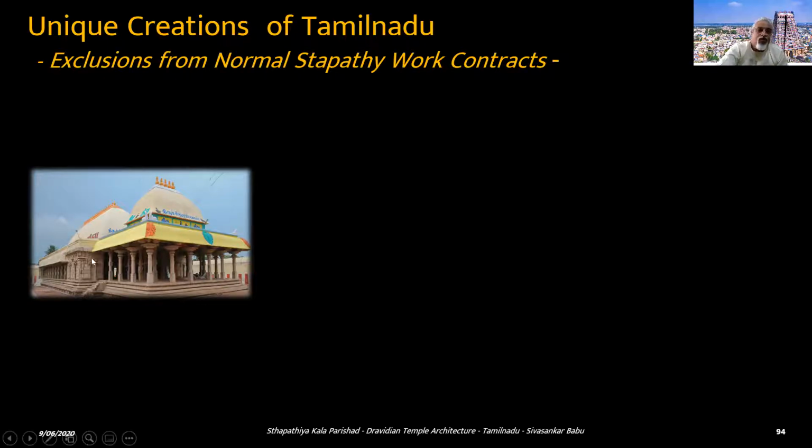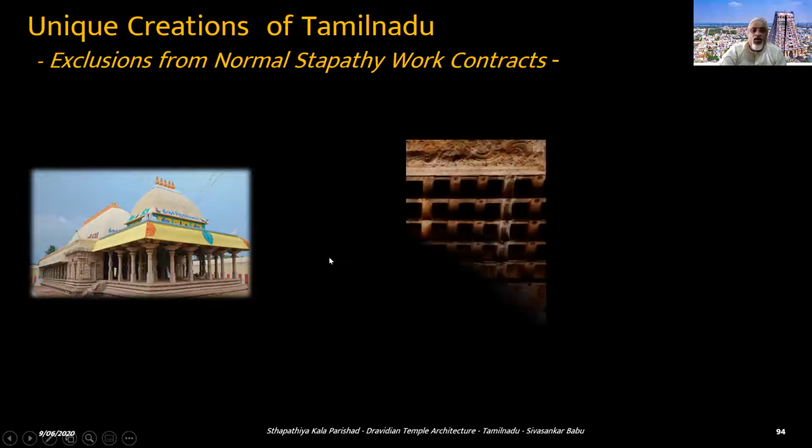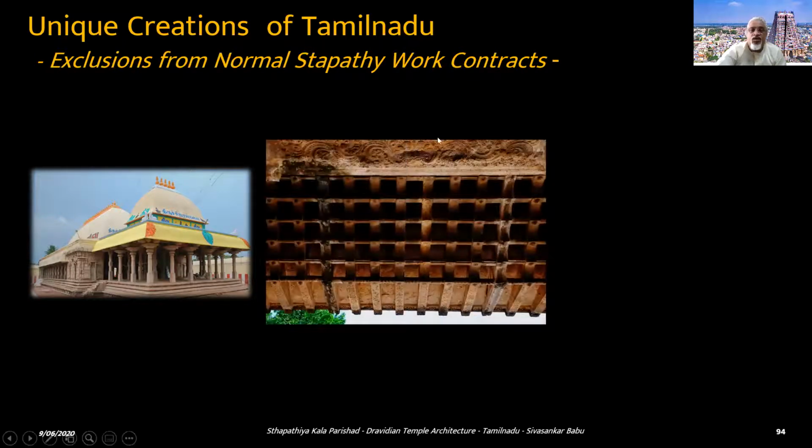To have such a long mandapa and such a wide mandapa without any pillars in between was an engineering feat at the time. The other exclusion is the extensive work of Kodungai, which is extended by Kapoda in a convex way.